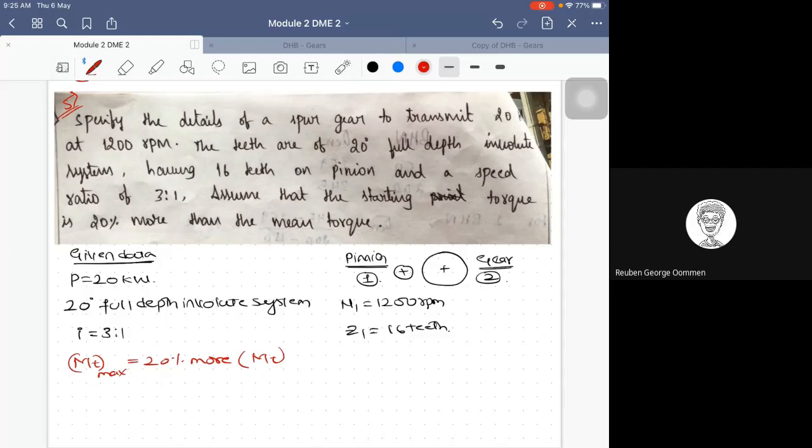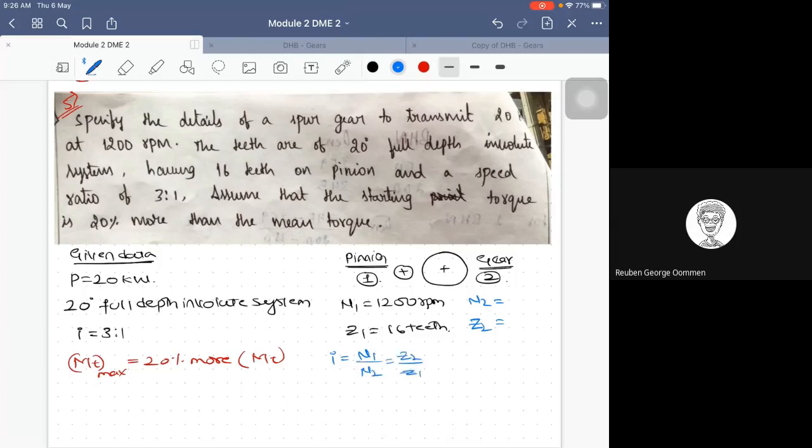Now, immediately you calculate the values of N2 and Z2 with the help of i. You know that the i value is nothing but N1 by N2, or Z2 by Z1.